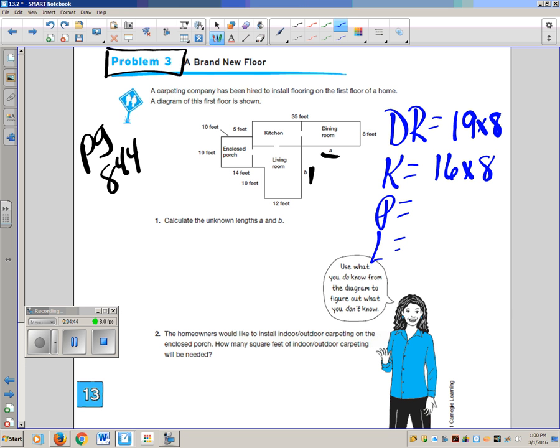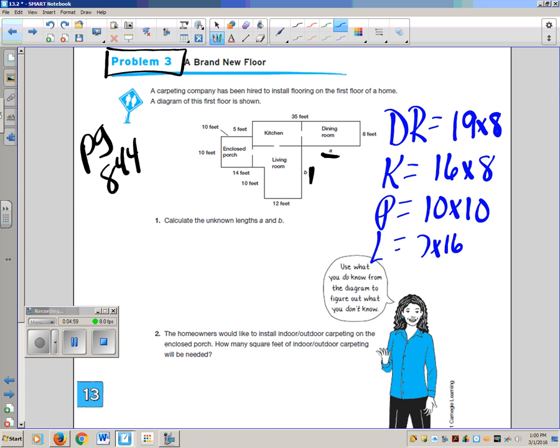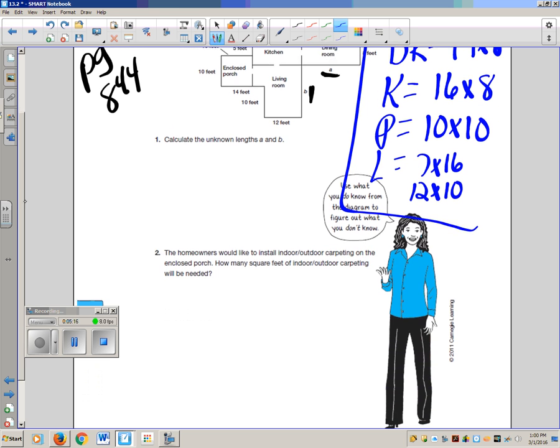The porch is 10 by 10. And then we had 2 dimensions. We had 7 by 16 for the living room and 12 by 10. You are going to need these to answer the questions. Once you've got this, the questions will get a lot easier. I know that was confusing, but just remember opposite sides are congruent.